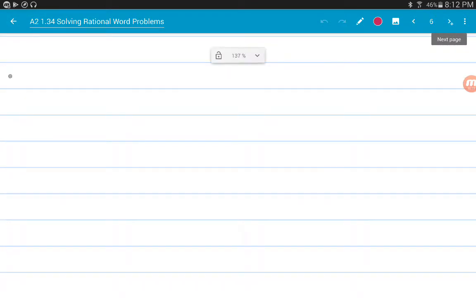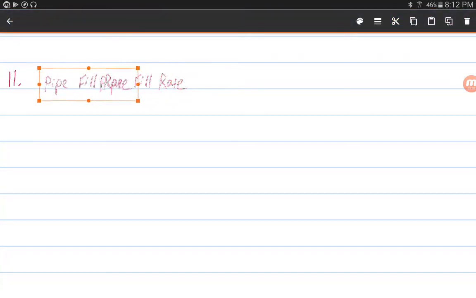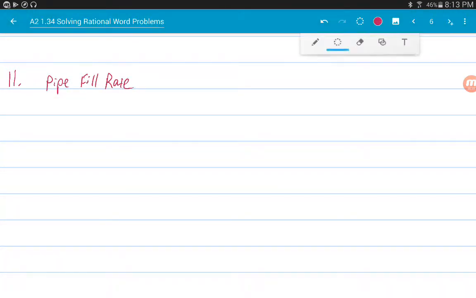What I think we have going on for this question is I have the inlet pipe, and that has a fill rate. The word inlet is totally optional here. So this is the pipe fill rate.